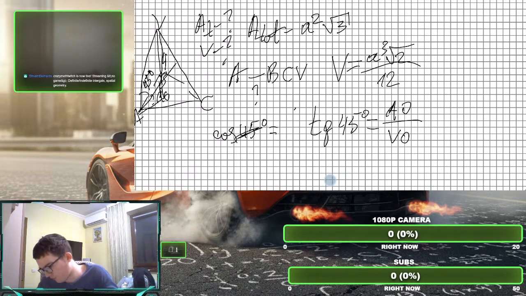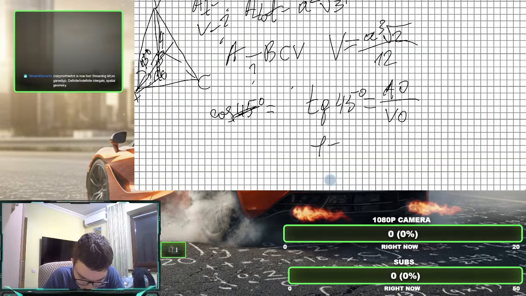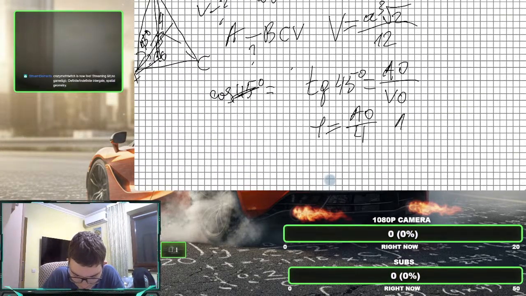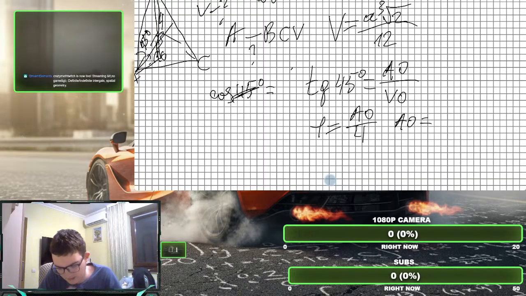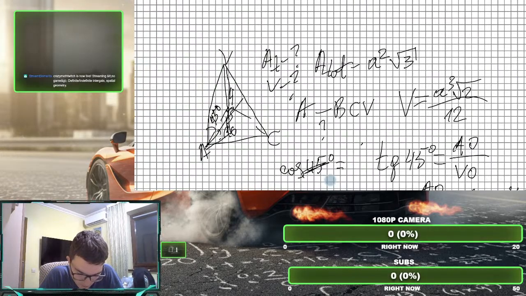Tangent of 45 degrees. That is 1. Just 1. Now AO. I don't know what that is. I'm trying to find out. VO is 4. Now AO from here. So basically it's 4. Now, we know that AO is 4.